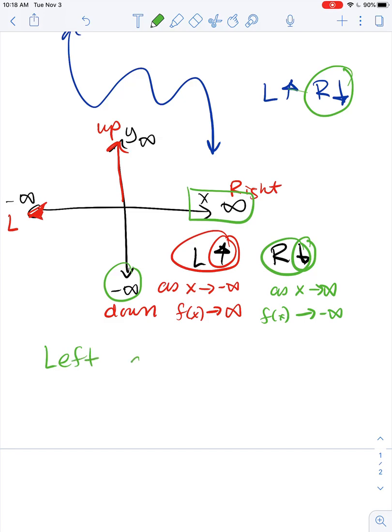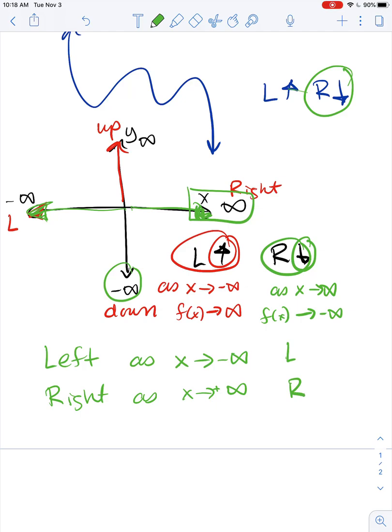So when they're talking about the left end, it will read as x approaches negative infinity. And when they're discussing the right end, it will be as x approaches positive infinity. And they may or may not put the plus sign, because that is the right end of your graph, positive infinity. This is the left end of your graph, negative infinity.